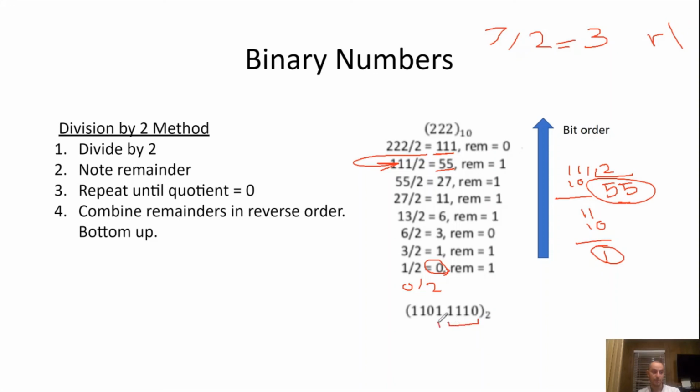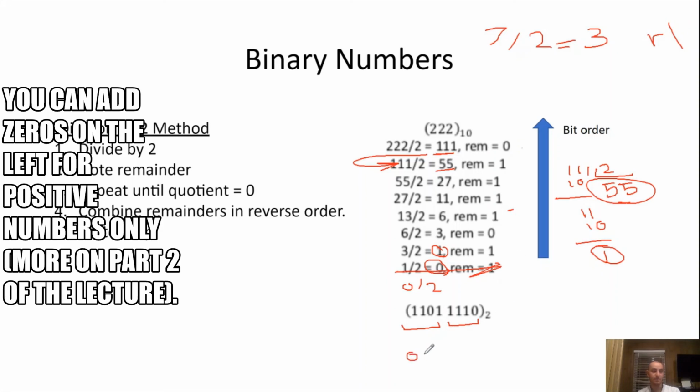So we group them by every 4 digits, and we start from the right side. So basically this 4 and then this 4. If this one was missing here, let's say we got the 0 here, you would see that, okay, these 4 are going to be together, and then there is 3, so I probably need a 0. So I would write something like 0 1 0 1 1 1 1 0.